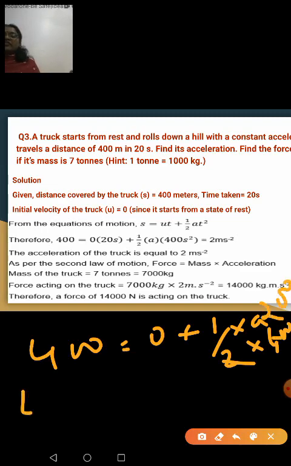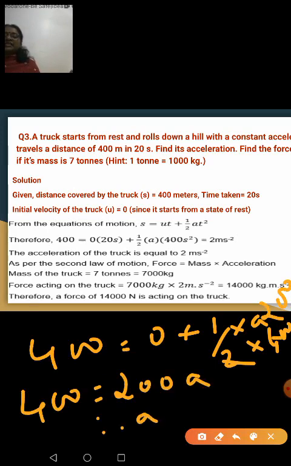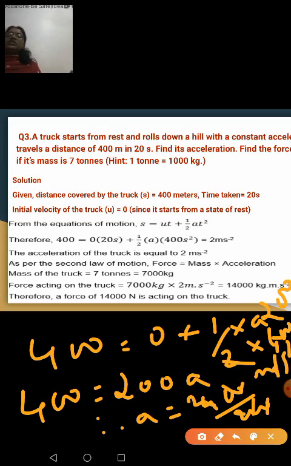So you will have 400 is equal to 200A. Therefore your acceleration A is equal to 400 divided by 200, which is equal to 2 meter per second square. That is the unit for acceleration. So we have found the acceleration as 2 meter per second square.